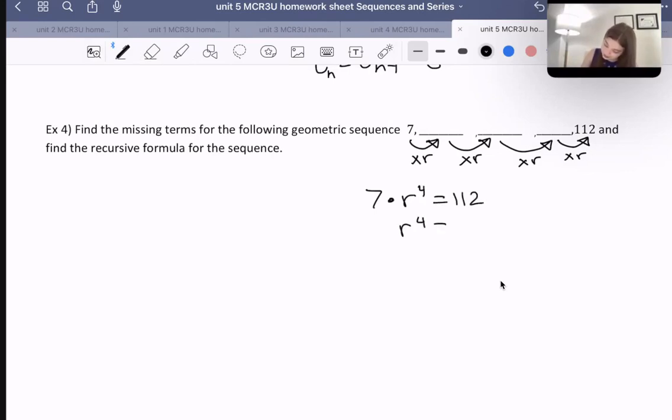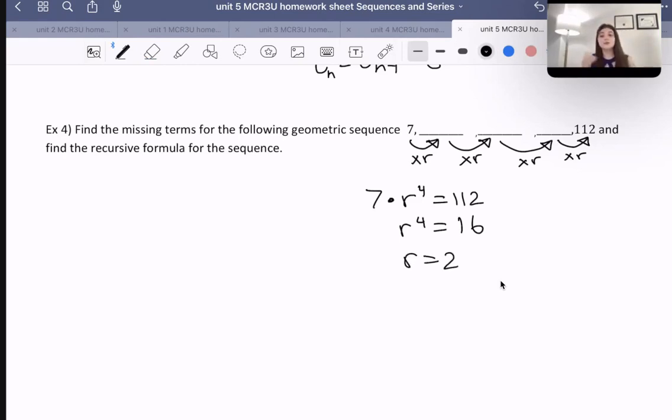r to the power of 4 is equal to 112 divided by 7, which is 16. My apologies. And that means r is equal to 2, right?